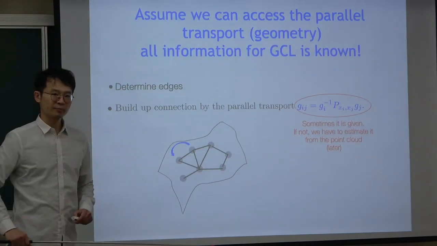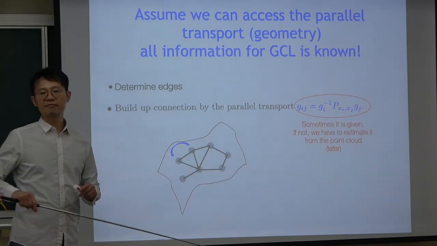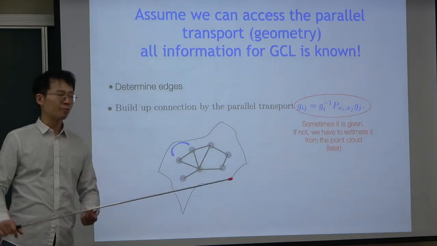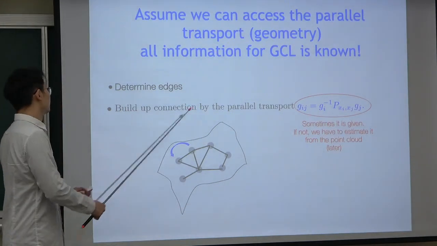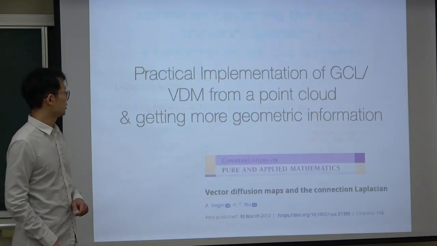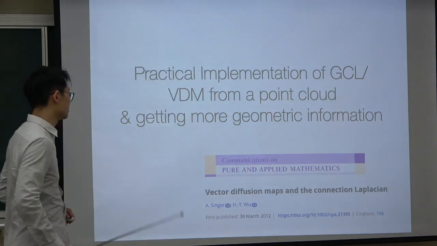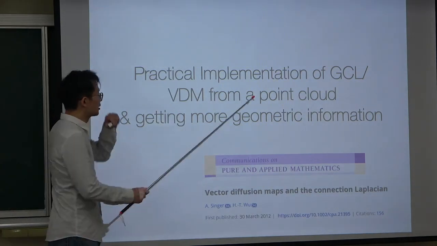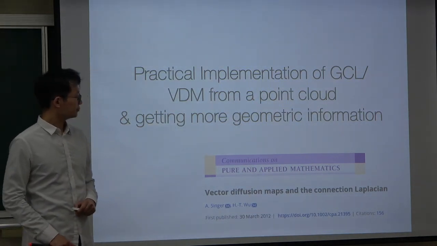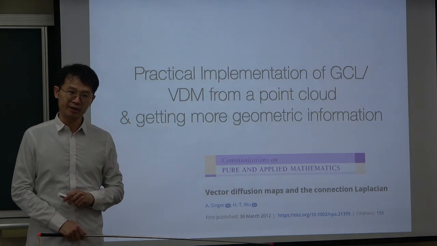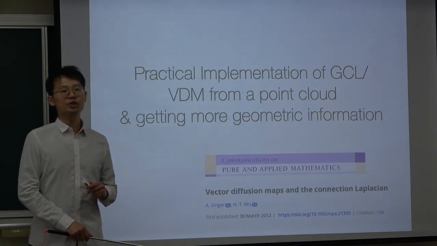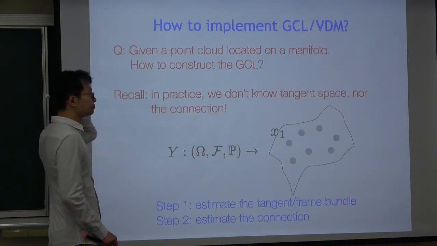Now this is the mission. In general, we do not have access to the frame bundle. We do not have access to the parallel transport. Then what can we do? This will be the practical implementation from a point cloud, so that we can get more geometric information than just using diffusion maps.